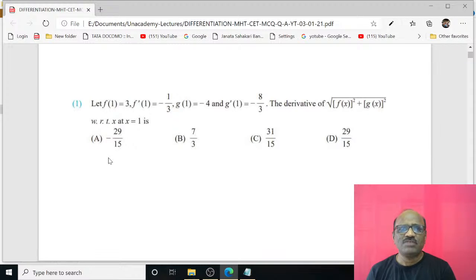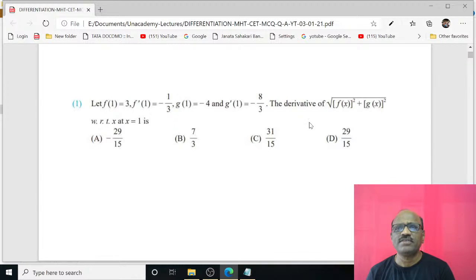Okay, now the first question is: let f of 1 is equal to 3, f dash of 1 is equal to minus 1 upon 3, g of 1 is equal to minus 4, and g dash of 1 is equal to minus 8 upon 3.